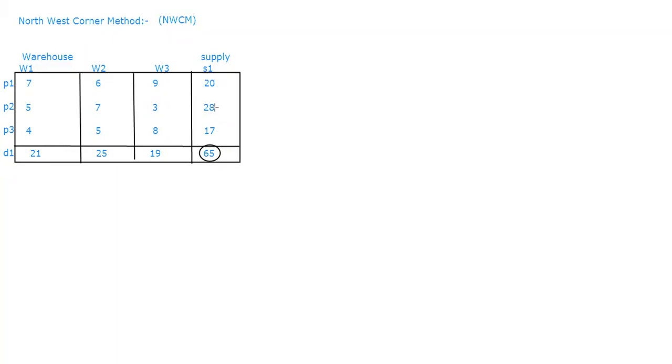So product one is available only how much for supply? Only 20 units are available. But in warehouse one, the demand is 21 products, though we can supply only 20. Got my point?